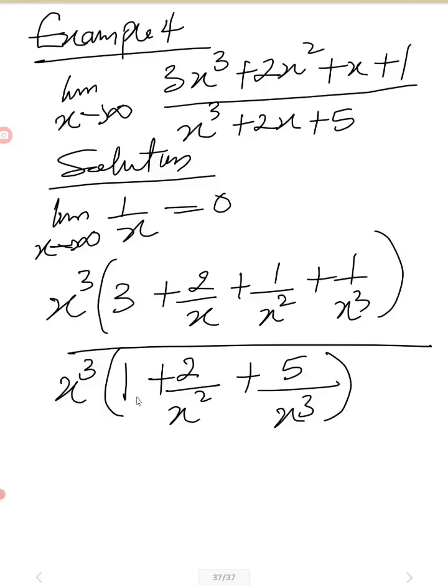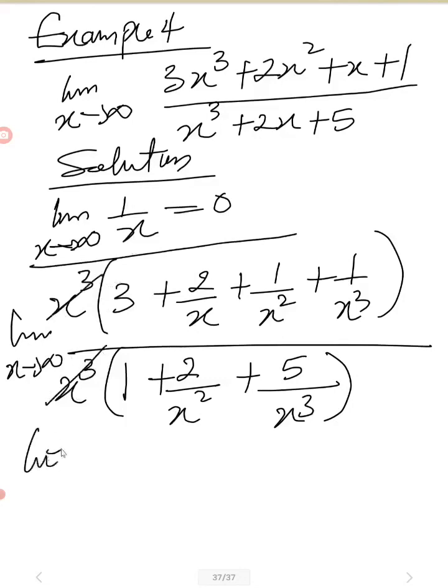And we all know that the limit as x tends to infinity of 1 over x will surely give you 0. So the first thing you do, you cancel this and this. We have the limit as x tends to infinity.